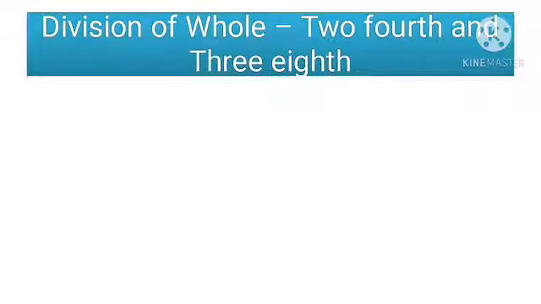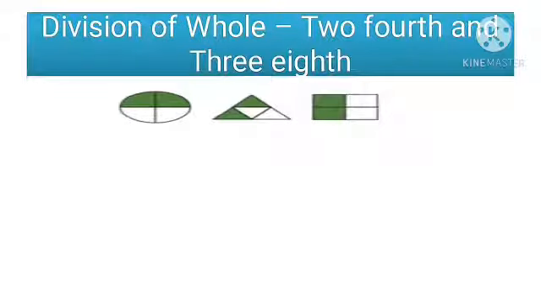Next, division of whole, 2/4 and 3/8. Okay. Now look at the images, dear. The circle they have given, then the triangle, then the rectangle. So the 3 images are divided into 4.